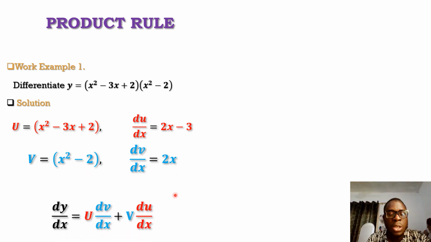So here we quote our formula, the product rule of differentiation, which states that dy over dx is equal to u dv over dx plus v du over dx. Maintain the first function, differentiate the second function, plus maintain the second function, differentiate the first function.